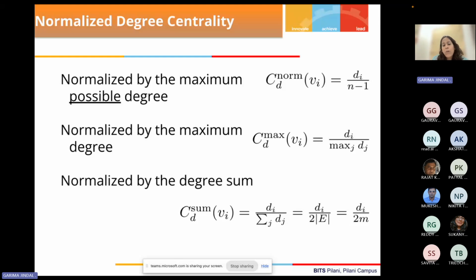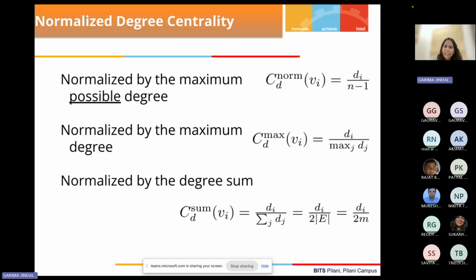So why do you need to normalize these values? For example, I want to compare two different networks. In one network, suppose there are 100 nodes, and I might have degrees ranging from 1 to 20. Another network is of smaller size, and they have degrees maybe from 1 to 10. Now I want to compare these degrees.